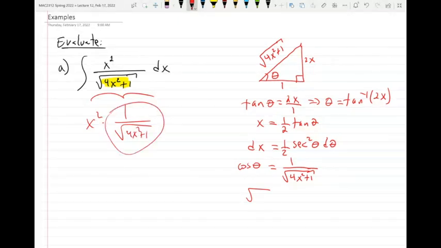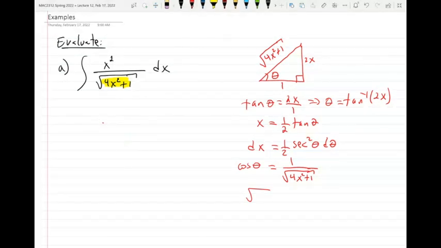So you could just replace this by a cosine, and that's it, because that's what we got. But it's okay, I'm just going to put secant. So this is secant, 1 over cosine, which is secant.